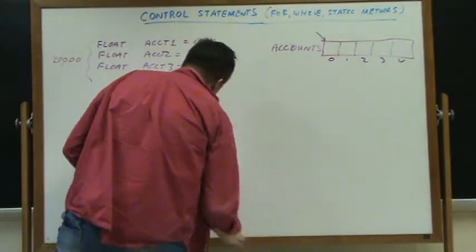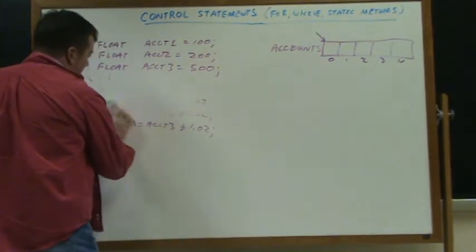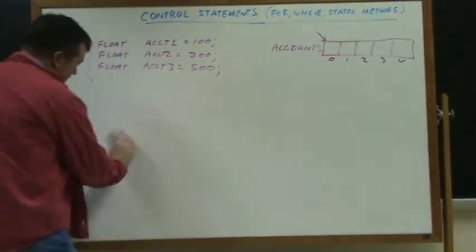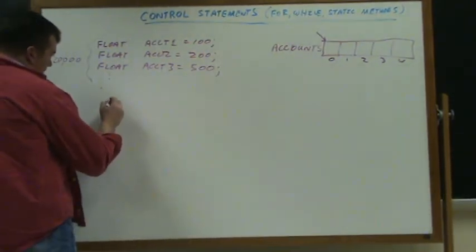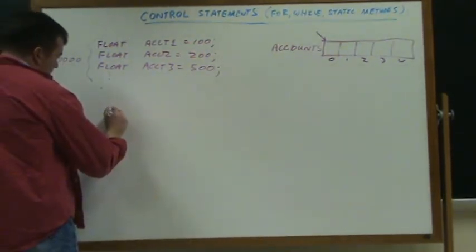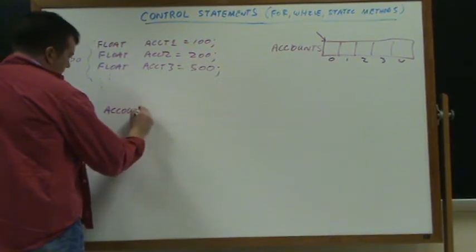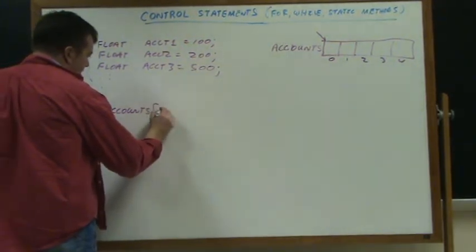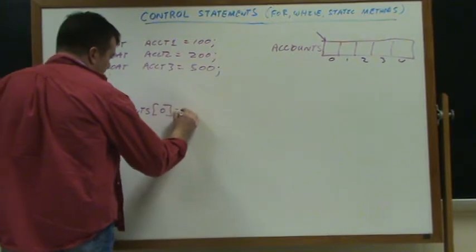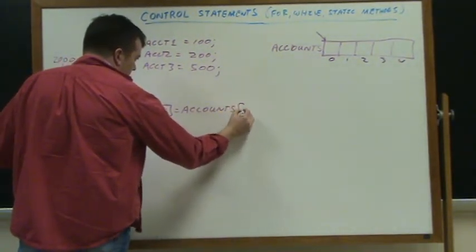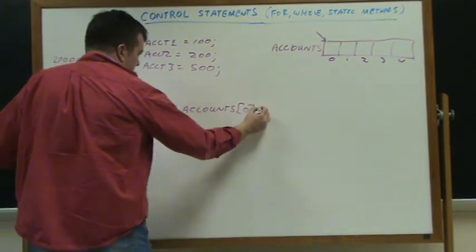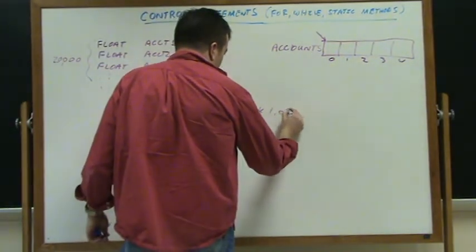Let me just change this. Let's assume the accounts have already been declared. The way we would go and add the interest would be accounts 0 equals accounts 0 times 1.02.